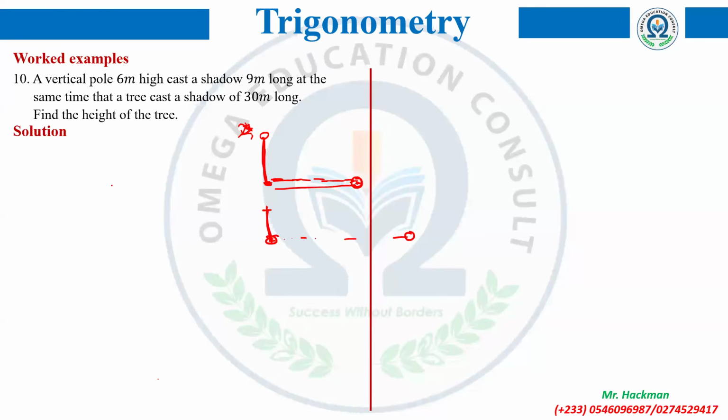Obviously my tree will be longer, so I am indicating my tree as the longer vertical line here, on the ground. And my pole will also be on the ground, and that will be short.